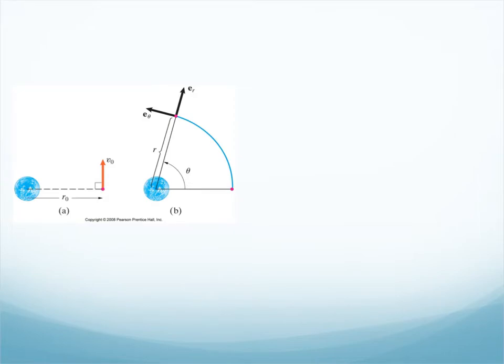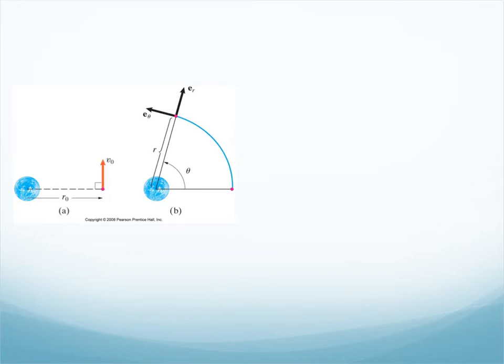So we're going to start off with the idea of our object at its initial position. Sorry if there was a little glitch there, I just got interrupted. So what we're looking at is a satellite that is orbiting the Earth, and we're looking at its initial position.